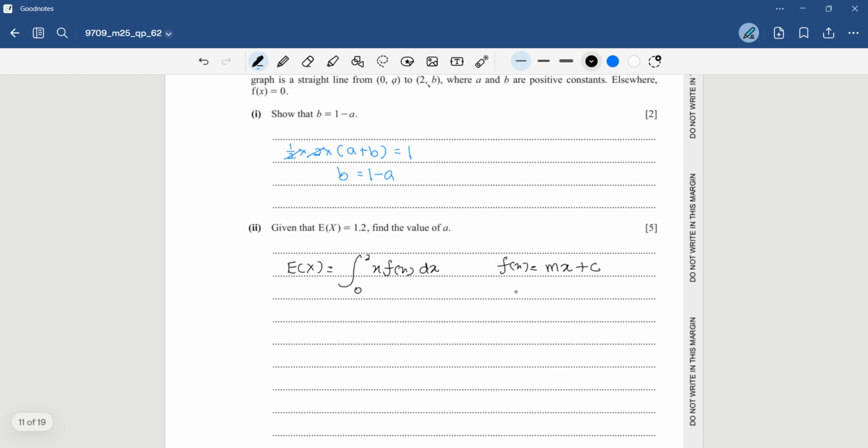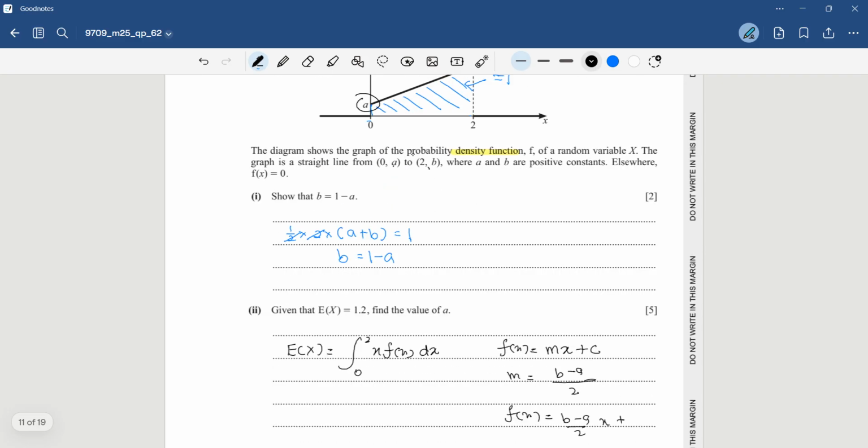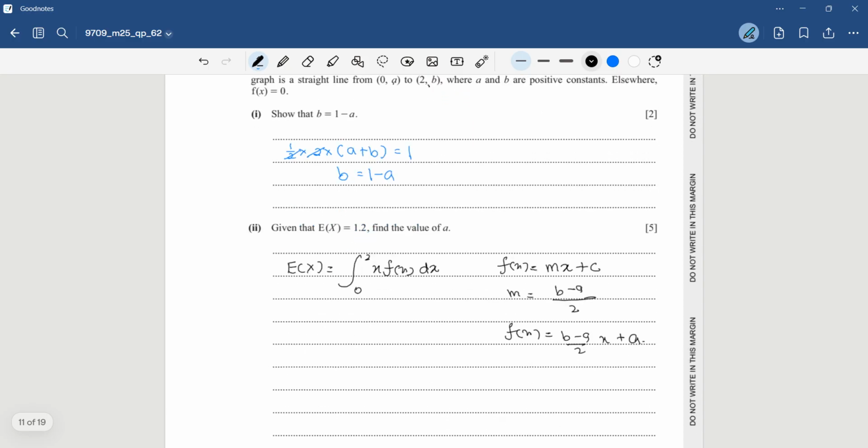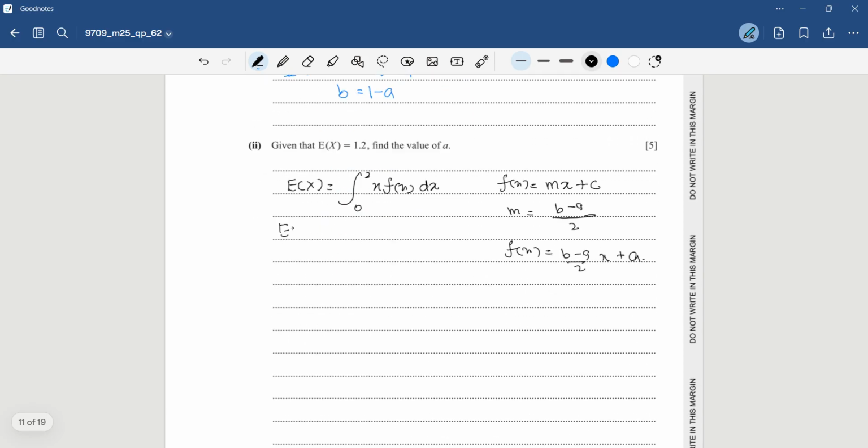So my m will be (b minus a) over 2. So my f(x) will be (b minus a) over 2 times x plus c, where c is the y-intercept, which is a.